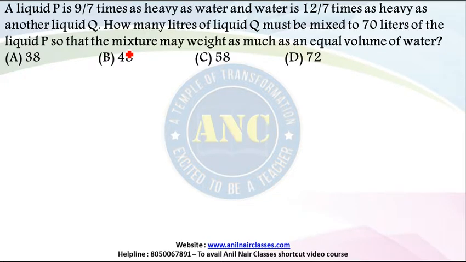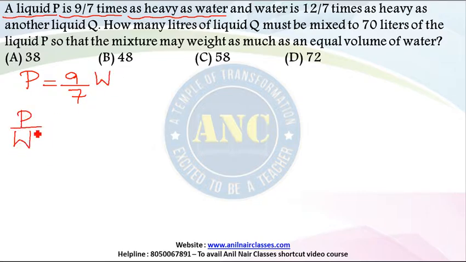Now please see another variety of questions in this beautiful topic. Now see here, sir. Your question is, a liquid P is 9 by 7 times as heavy as water. That means I can write this as P divided by water is 9 by 7.